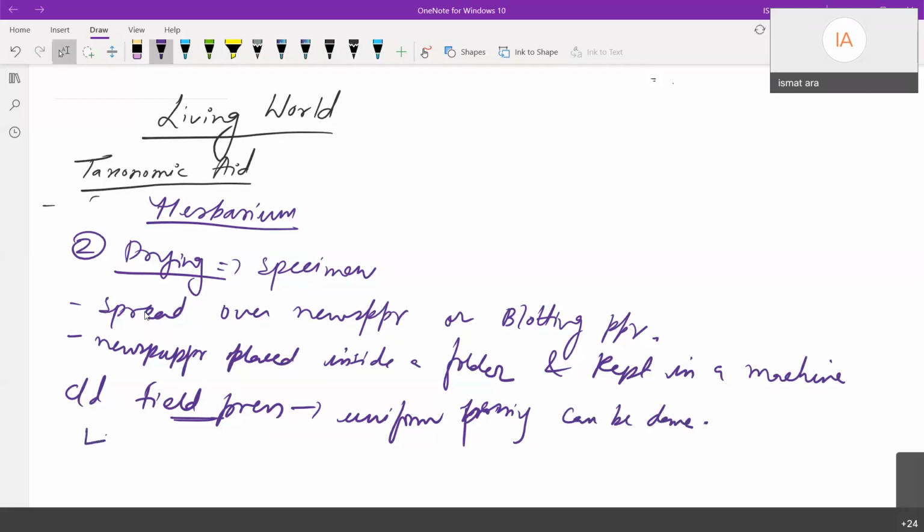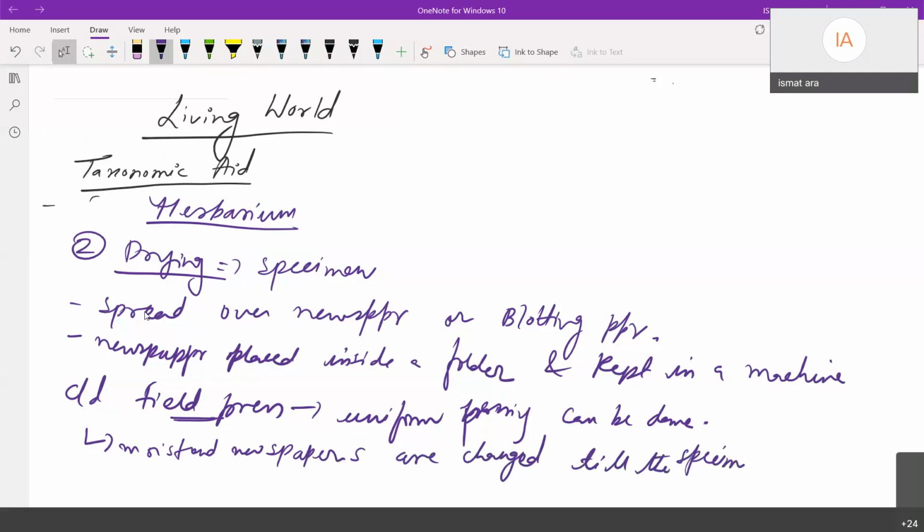So moistened newspapers are changed till the specimen is dry. So this is the drying part.